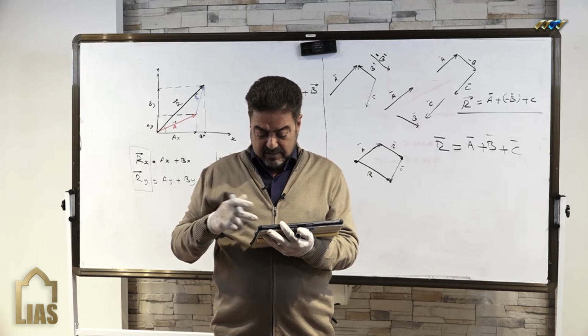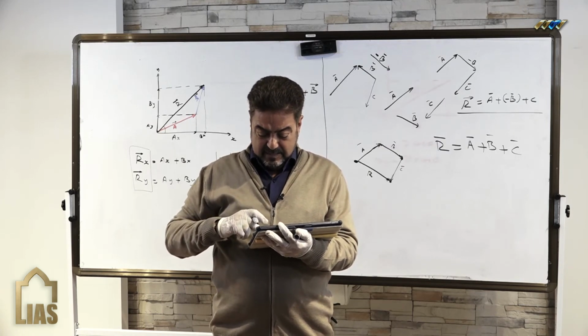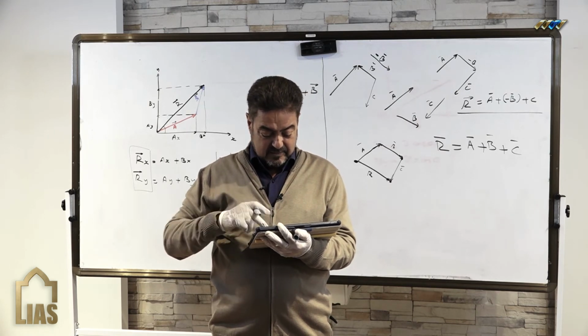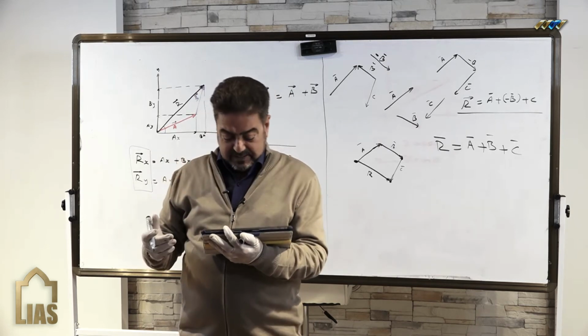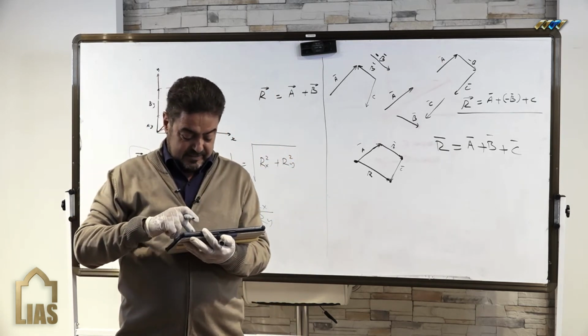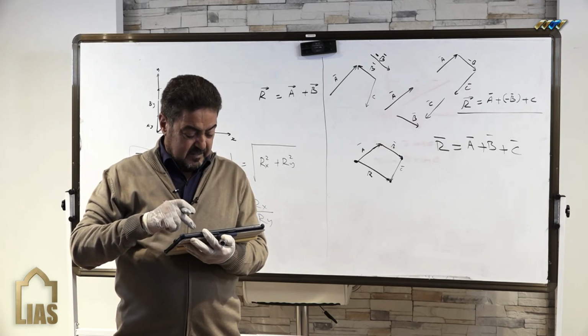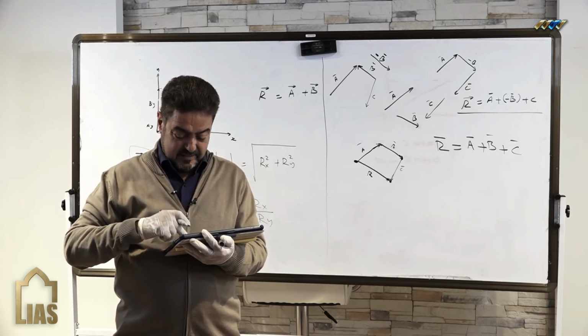As you go on, page 74 has also adding rectangular vectors, and you have the value of C and the direction of C. Nothing changed, the same thing here.